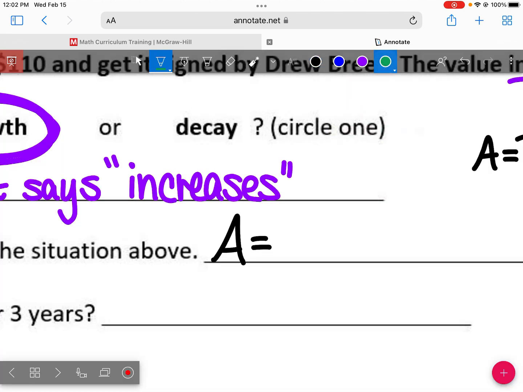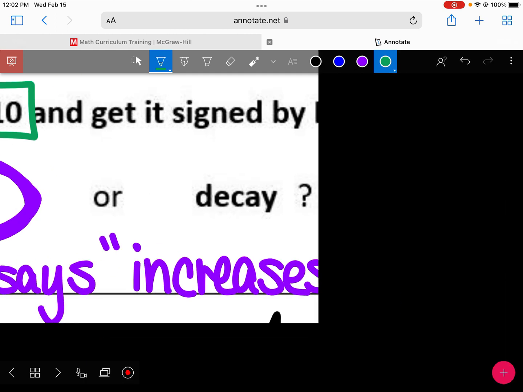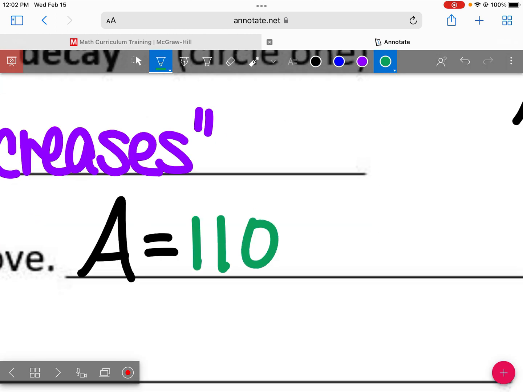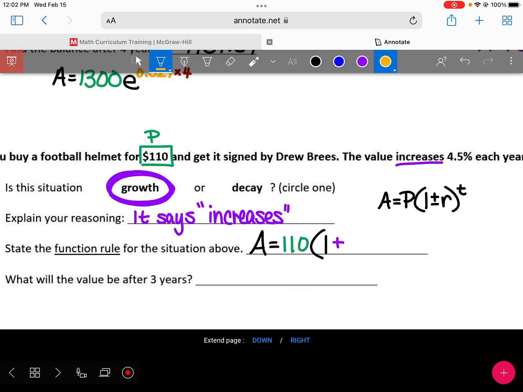So I have A equals what? 110, that's the starting amount. Parentheses, 1 plus 0.045, because we have to take that percentage.